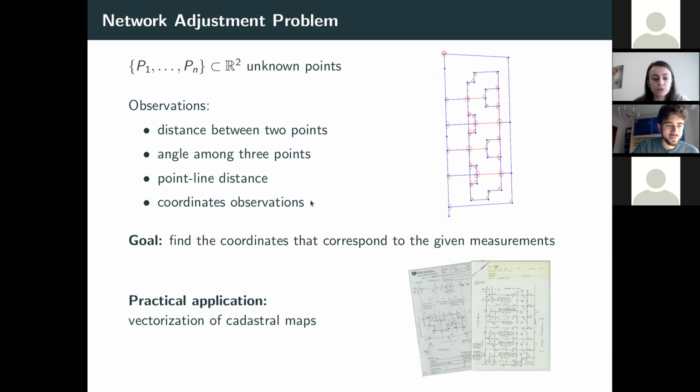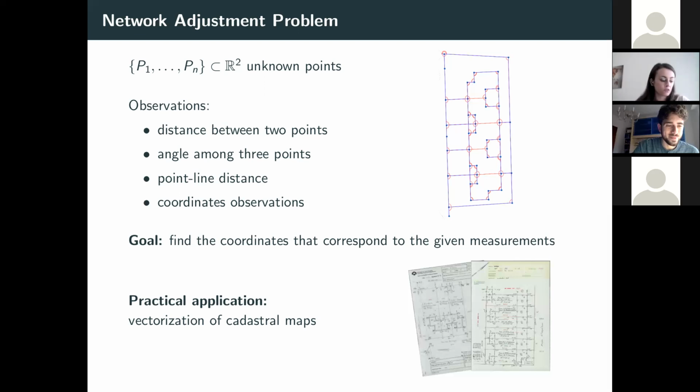And then we also assume that we have approximate coordinate observations for the points or for some of the points. And what we want to do is to use the observations to find accurate coordinates of the points. So this is a network adjustment problem. It's also in some sense a localization problem.